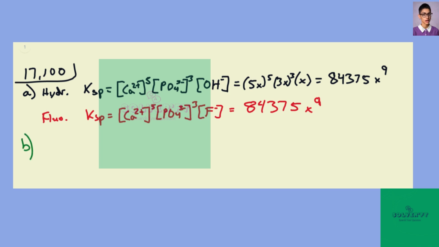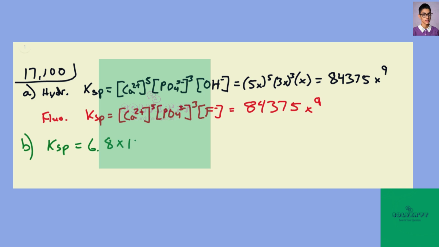So in part B of this problem, we're asked to calculate the molar solubility of each of these compounds. So we simply need to set Ksp to the expression we just derived and solve for x.